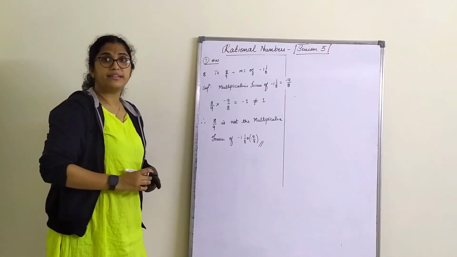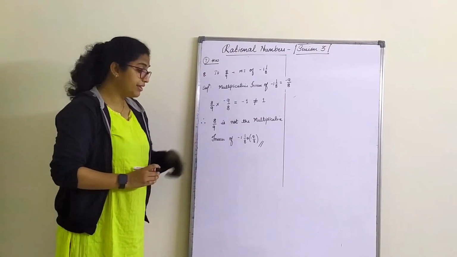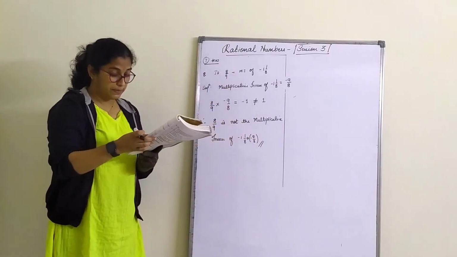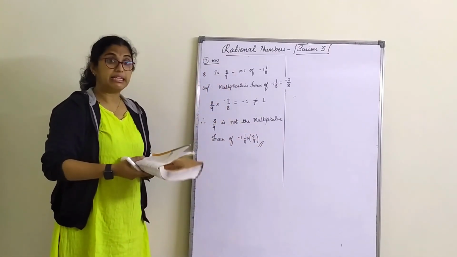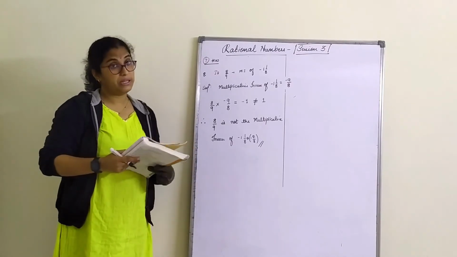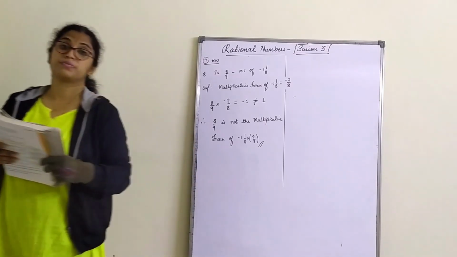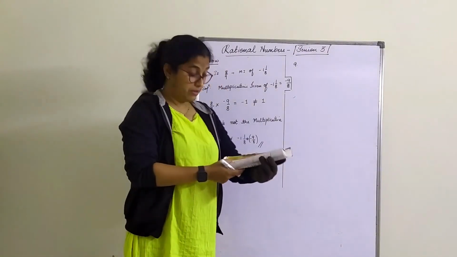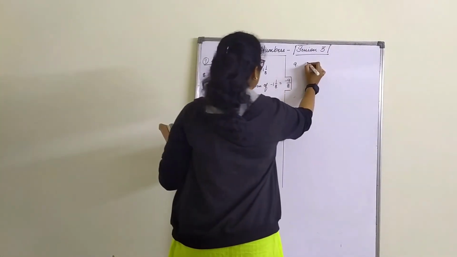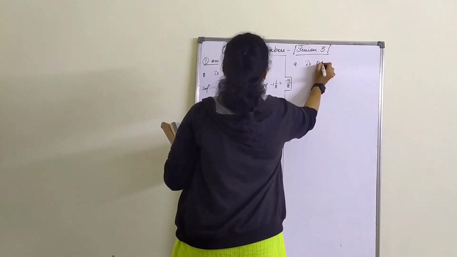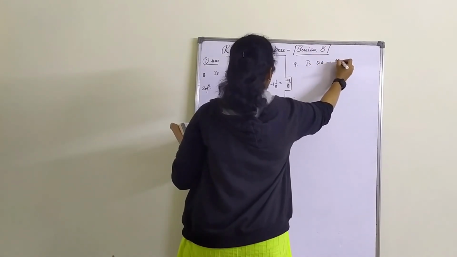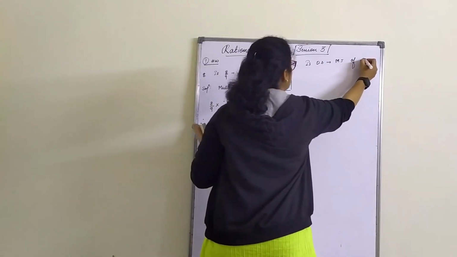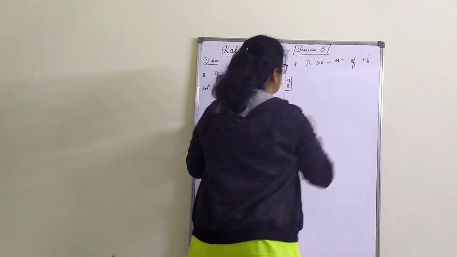Very simple, right? So, similarly we have a next question: is 0.3 the multiplicative inverse of 3 1 by 3? Let's solve that. Before that, please copy down this question. So the next one is: is 0.3 the multiplicative inverse of what is given, 3 1 by 3?